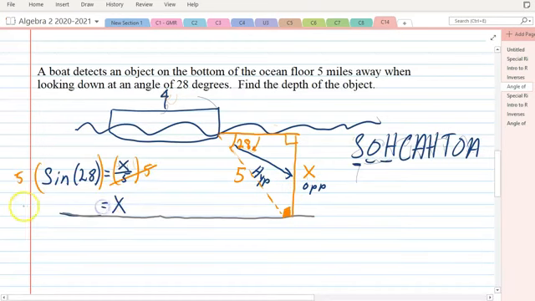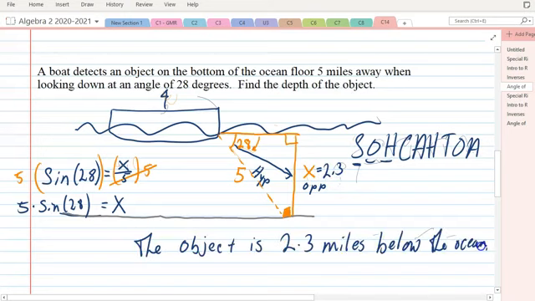That leaves you with x is equal to 5 times sine of 28, at which point you simply plug it into your calculator. And that gives you x is equal to 2.3. So you'd say the object is 2.3 miles below the ocean surface.